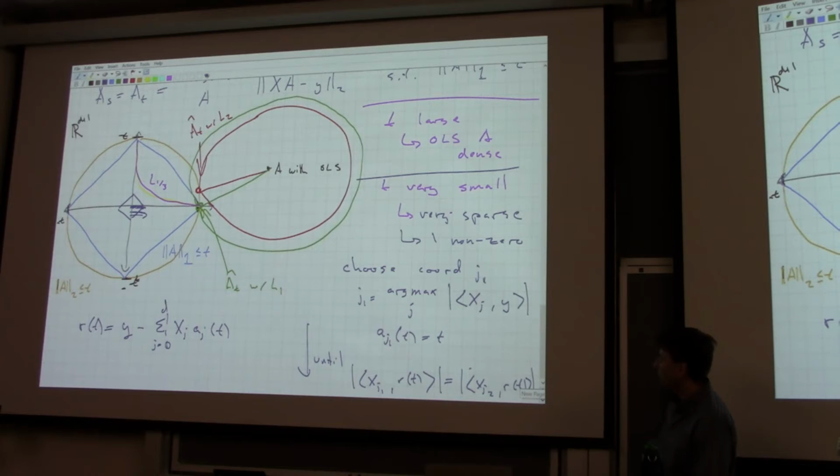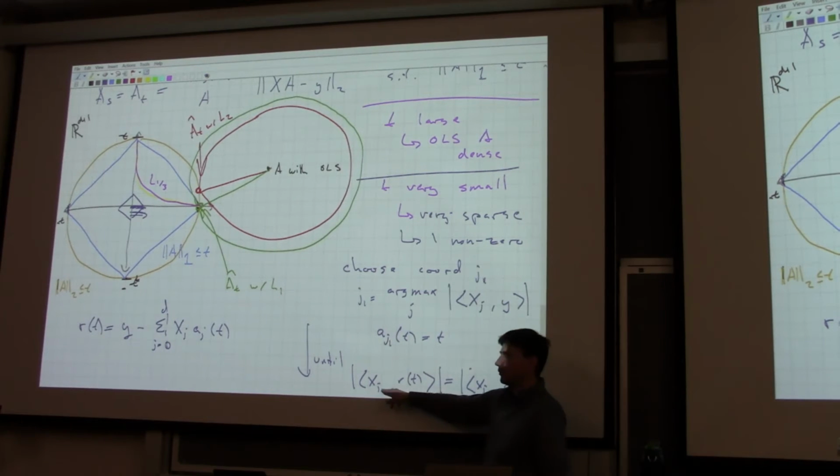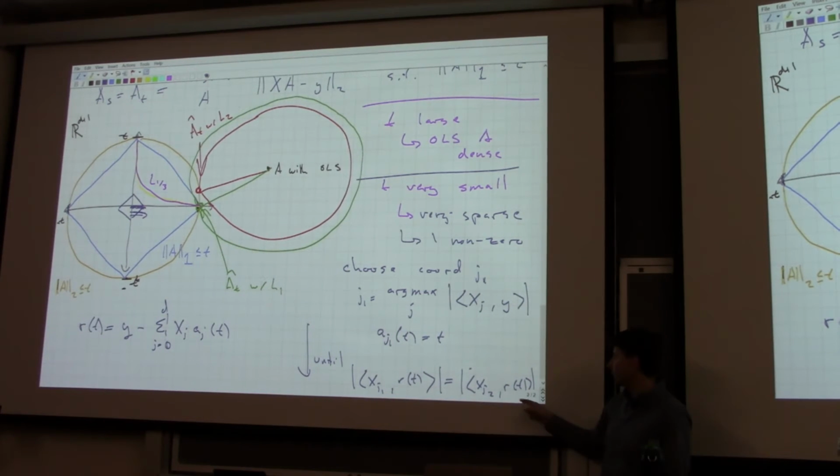So when this term, which is the first coordinate we found, has the same kind of explanation power of the residual as another term, j2, then this is the second coordinate we pick.